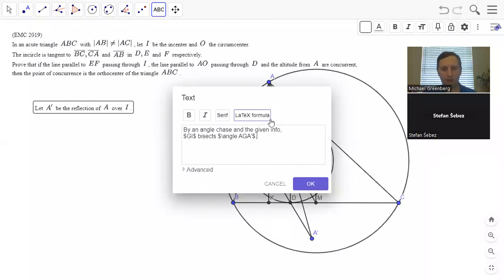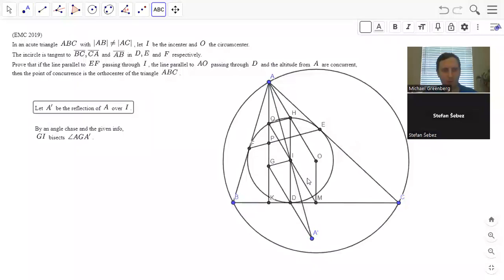GI is parallel to QH, so this is a parallelogram. Are we given this?